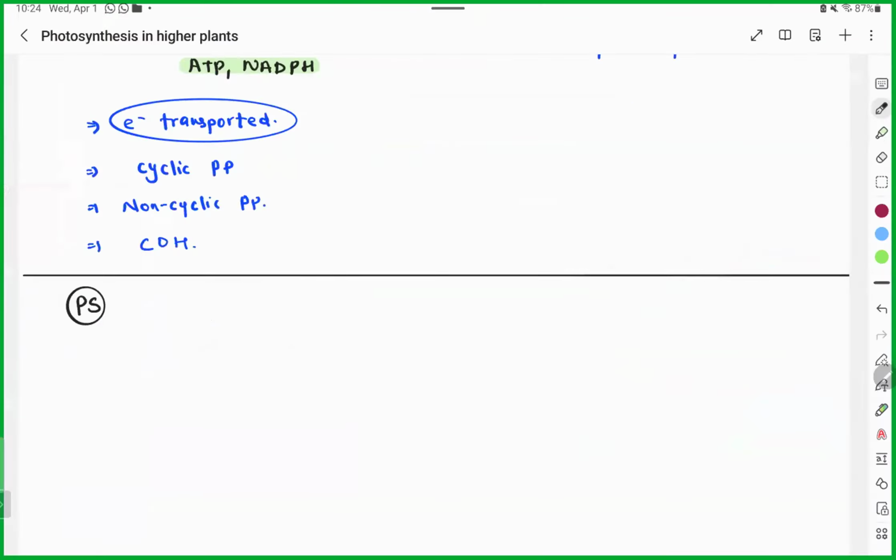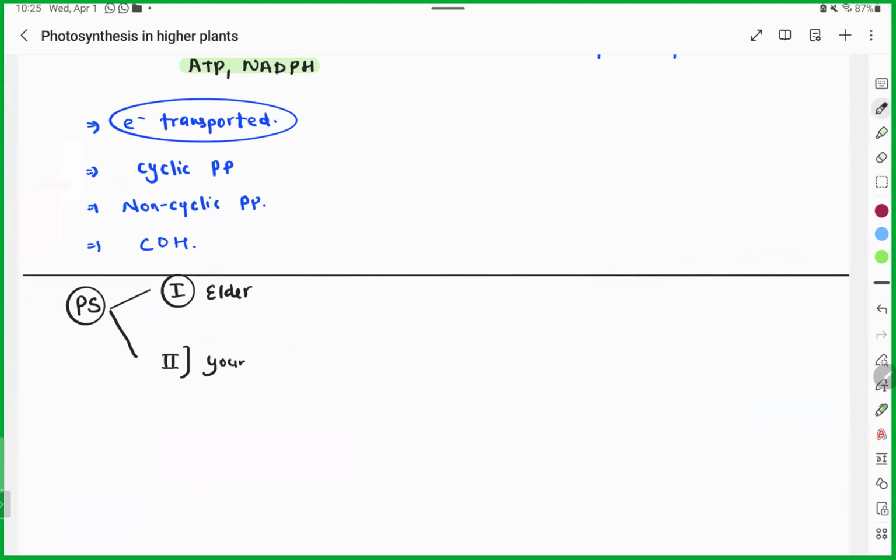So, photosystems are of two types, photosystem 1 and 2. This is based on their discovery. Photosystem 1 is the elder sibling, and photosystem 2 is the younger sibling.